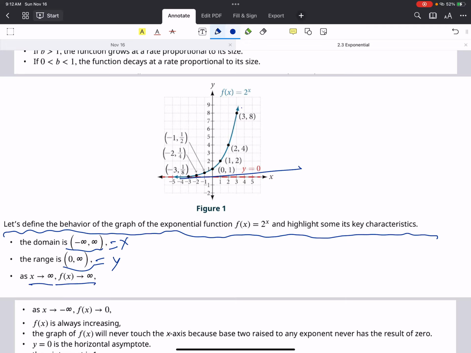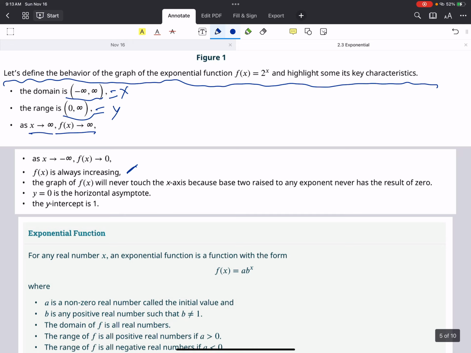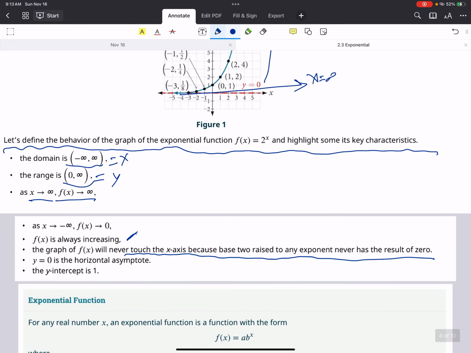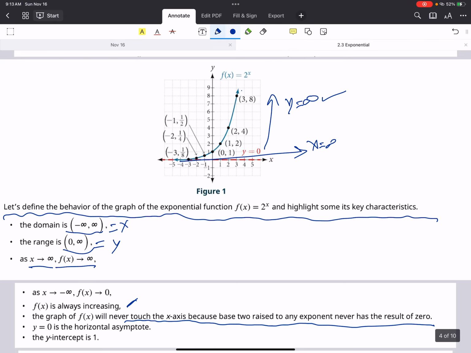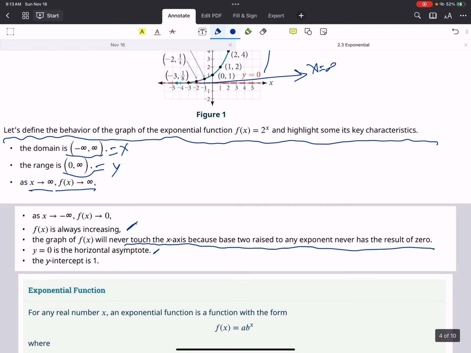As x approaches infinity, y approaches infinity, which is correct. f is always increasing. The graph of f of x will never touch the x-axis because base 2 raised to any exponent never has the result of 0. It's approaching but it never touches. And y equal to 0 is the horizontal asymptote. And the y-intercept is simply 1, and that is it.